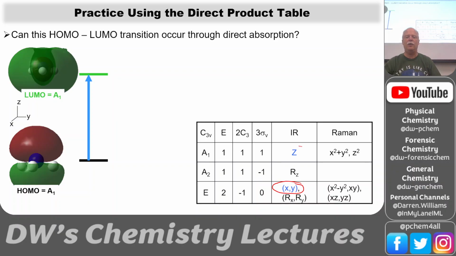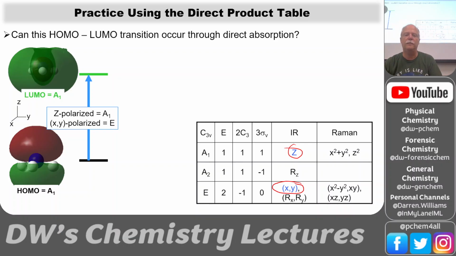And then Z polarized light is A1. So to answer this question, we have one possible transition, but we have 2 flavors of light. We have X or Y light, and then we have Z light. So we have to do this problem twice.